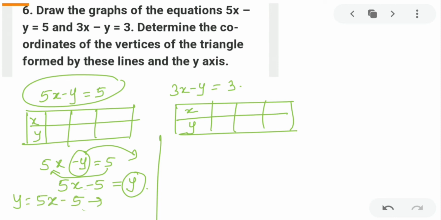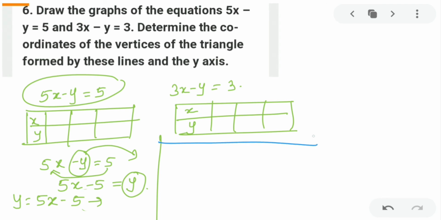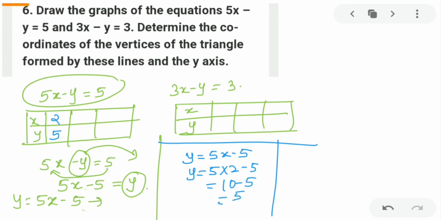Now you have to keep putting values of x. So how will you put it? y is equal to 5x minus 5. You can take x as 2. If you take x as 2, you will get the value of y as 5. So x is 2, y is 5. Second, you can also take the value of x as 1.